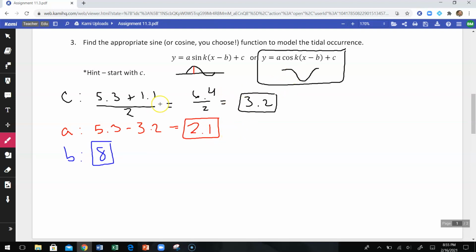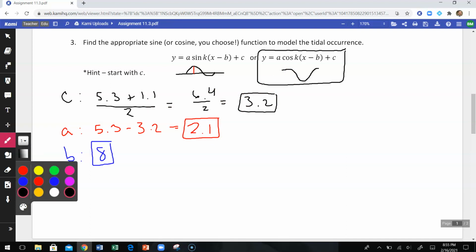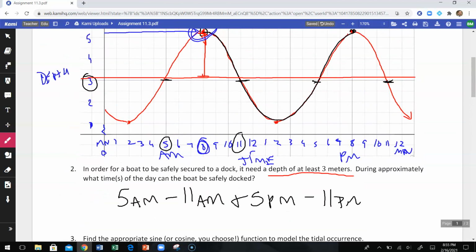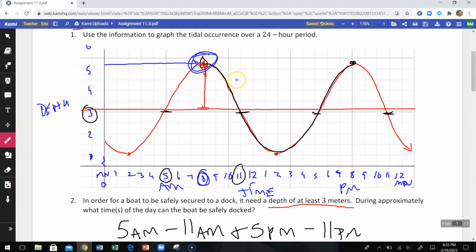The last thing I need to do is figure out k. K, recall, helps us figure out the period. So to figure out the value of k, I need to figure out the period of this graph. How long does it take to go through one full cycle? Well, it starts at 8 a.m. at the top, and then it goes back to the top at 8 p.m. So the period is 12 hours, right?